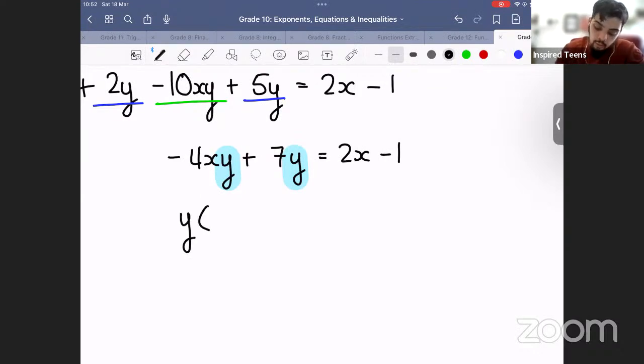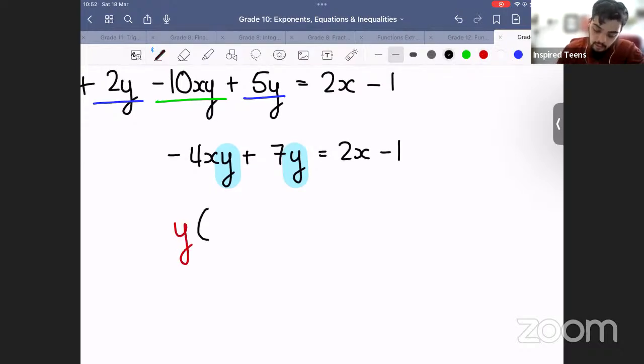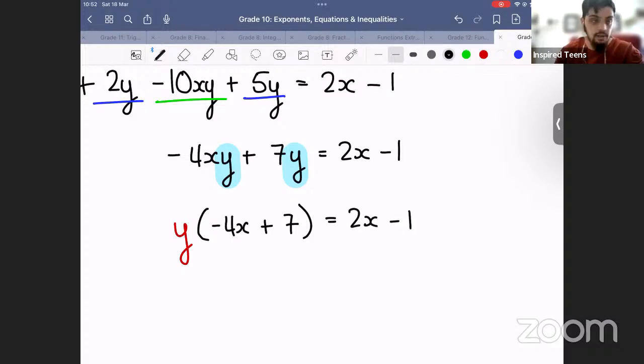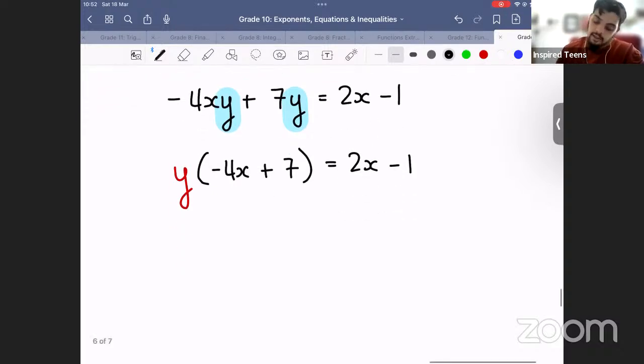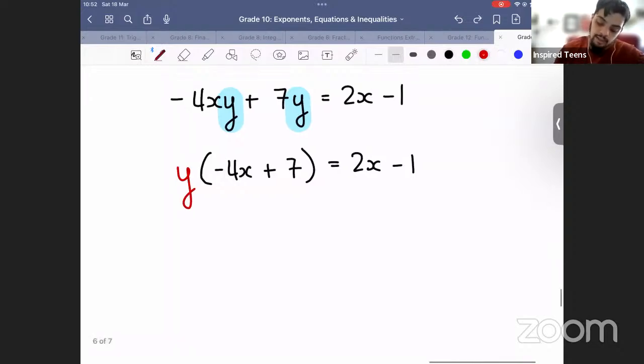When I take out y as a common factor, which is brilliant because now y is alone, I'm left with negative 4x plus 7. If you guys agree with that, negative 4x plus 7 is equal to 2x minus 1. Now, when you take that common factor, you actually create a multiplication with whatever's in the bracket. So you can leave y alone and take the other side over as division.